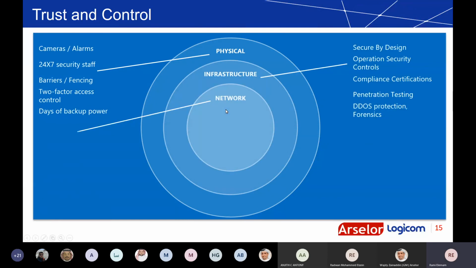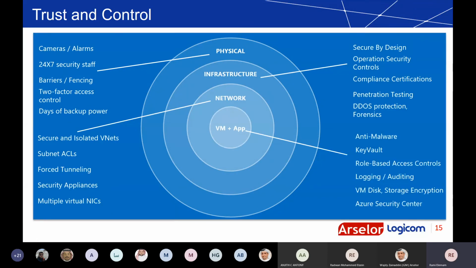Microsoft has built its own data centers based on many different layers. From the physical layer, Microsoft provides you with cameras and alarms, 24 by 7 security staff, two-factor access control, and days of backup for your power. It's not a couple of hours like what you would have in your own data center. In the infrastructure layer, Microsoft has built its infrastructure based on a secure design.